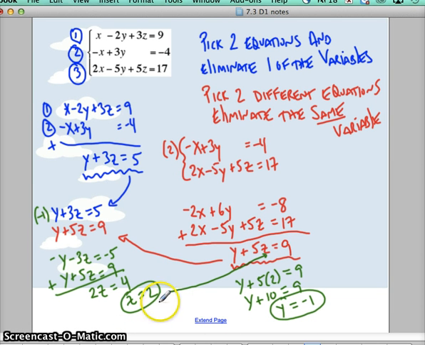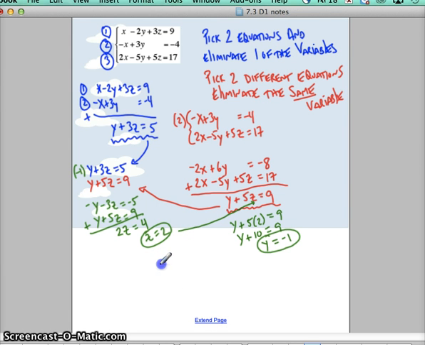Okay, now that I know z and I know y, I can plug them into any of the originals and get x. So I will choose, just for ease, I think I'll choose the second equation here. So negative x plus 3y equals negative 4.